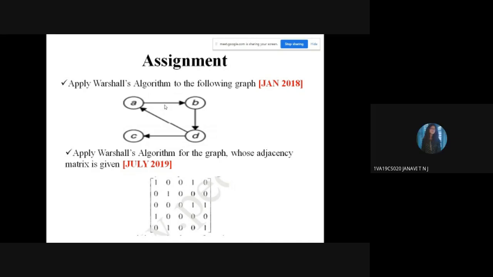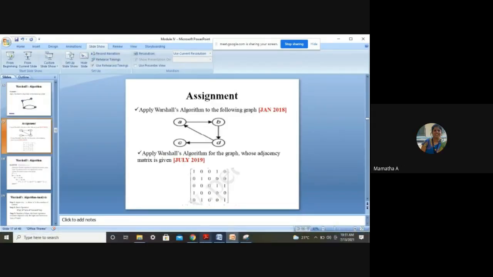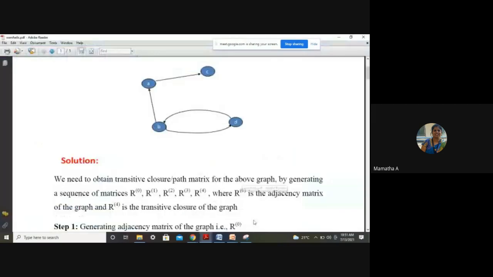A, ma'am. So to generate R1, which matrix should you use? R0, ma'am. Yes, you have to use the matrix R0.